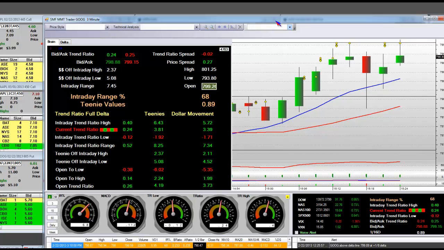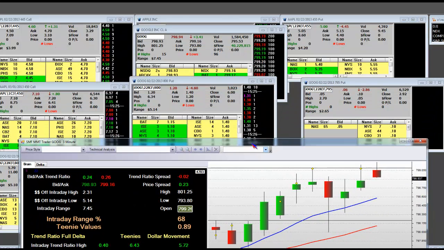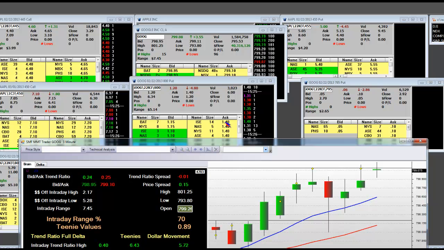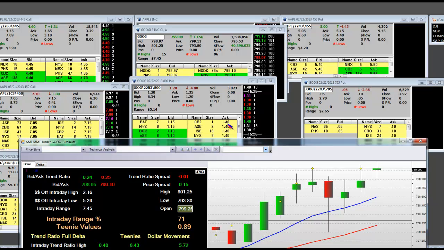Once again, based on the fact that they have marked these down to that $1.20 area, $1.15 by $1.40 is the spread, on a Friday weekly expiration, right into the closing bell. Right now, there happens to be 33 minutes left.